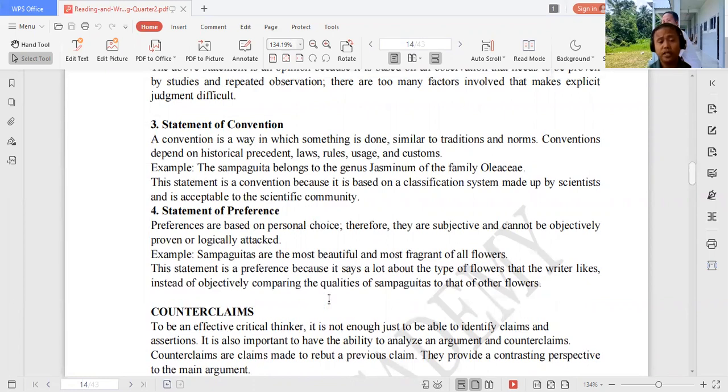So, for example, the Sampaguita belongs to the genus Jasminum of the family Oleaceae. This statement is conventional because it is based on a classification system made up by scientists and is adaptable to the scientific community.